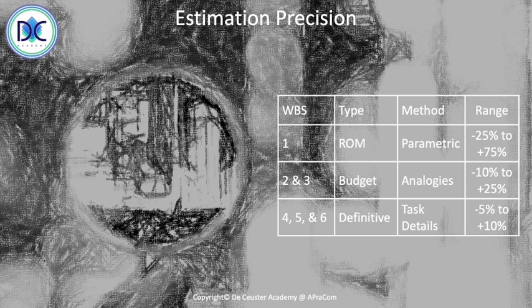He was already used to me asking strange questions. So I said, this is rough order of magnitude. And he said, what does it mean? He never heard about it. I said it means that my estimate can be 25% cheaper up to 75% more expensive because I don't have sufficient information about the estimate.